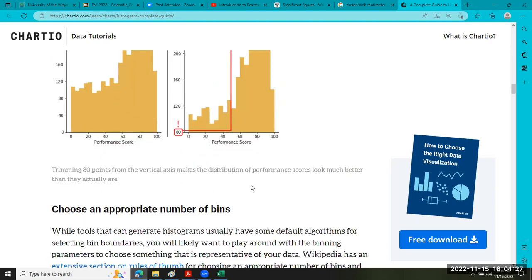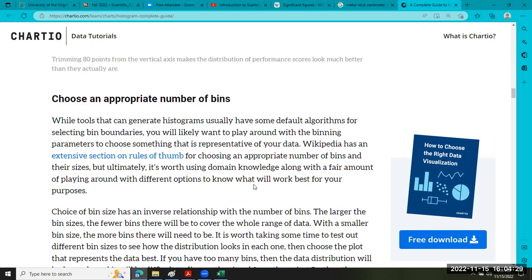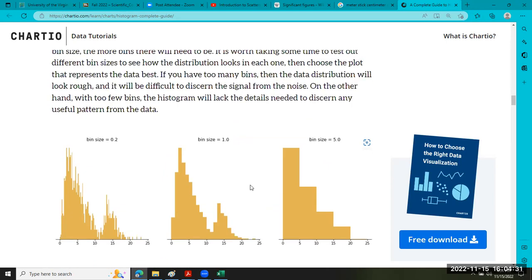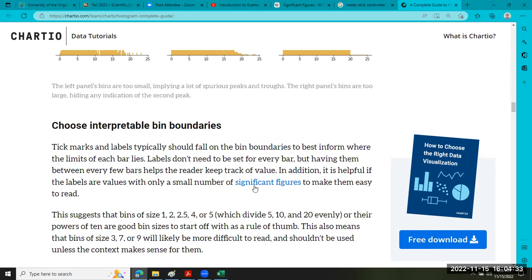I just thought this was a very quick and easy example to follow. And yeah, it talks about significant figures. I don't make mention of significant figures specifically in the study guide, but we're assuming that you know something about that already because you've had Science 100 by this point.